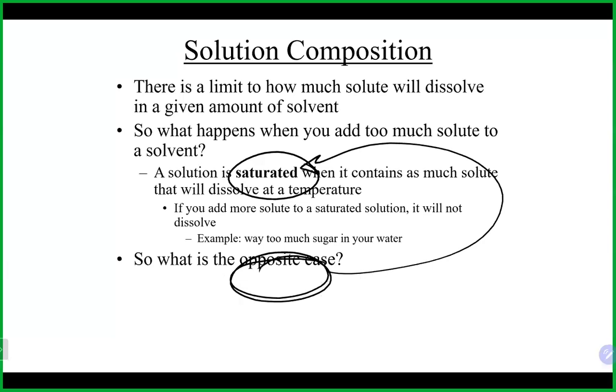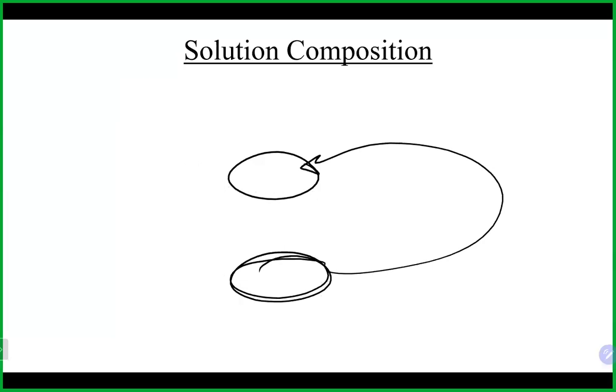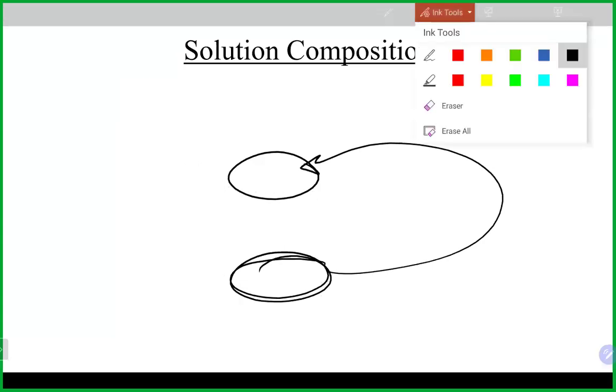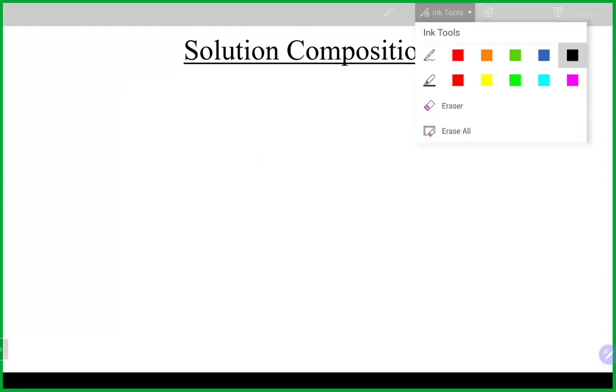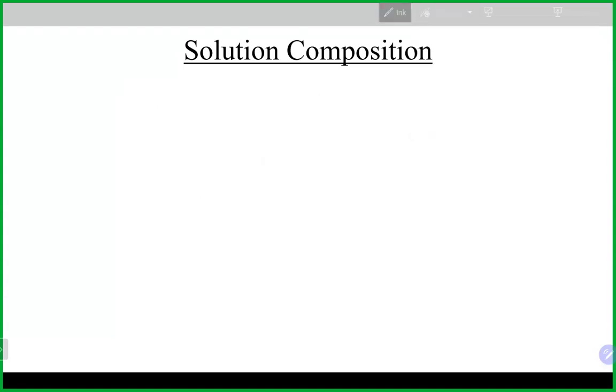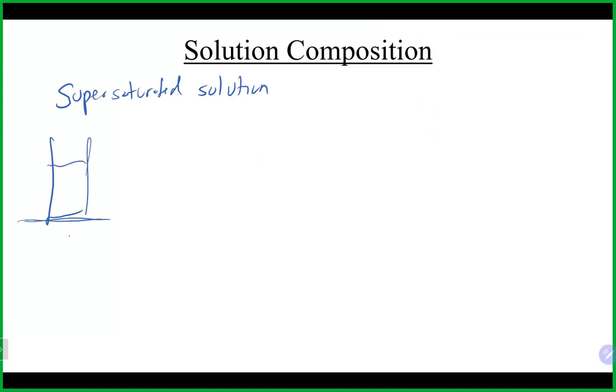Now, there's a third type of solution, which you probably saw the other week in the lab, and that is a solution that is known as a supersaturated solution. A supersaturated solution is usually made, for example, by taking a solution, trying to dissolve some solid in it, and heating it up.